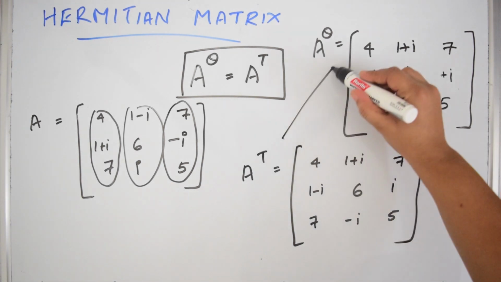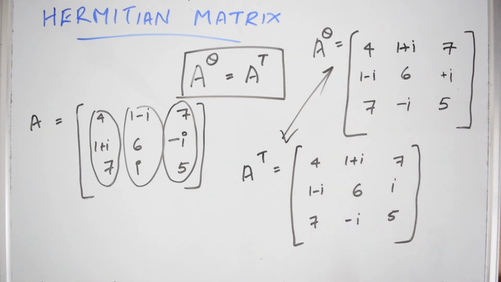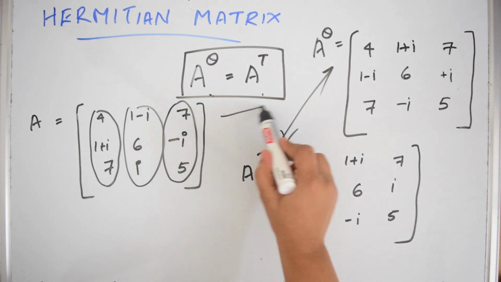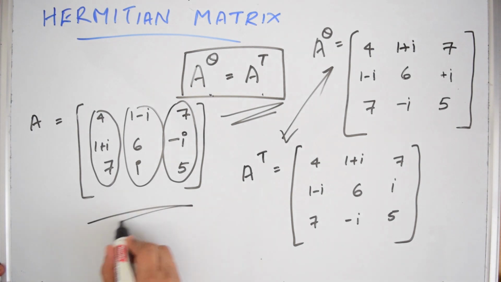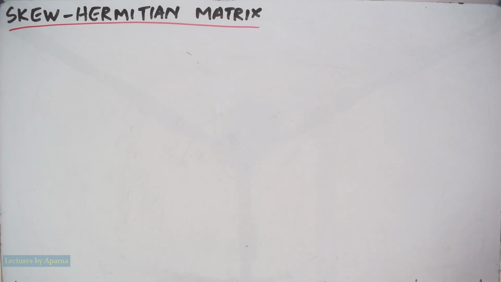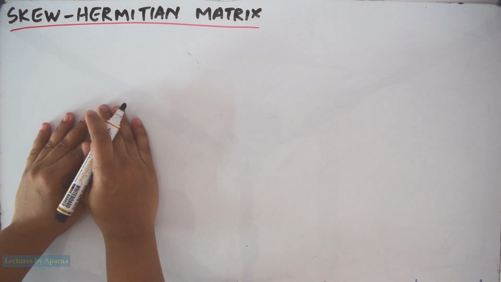Now compare these two. We will find that A conjugate is equal to A transpose. So any matrix that satisfies this condition is said to be a Hermitian matrix, and therefore the given matrix A is Hermitian.